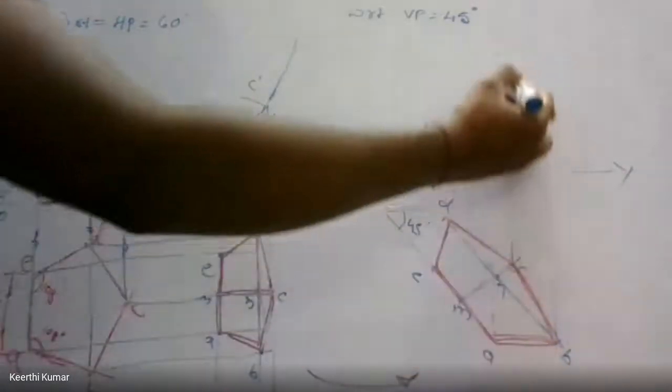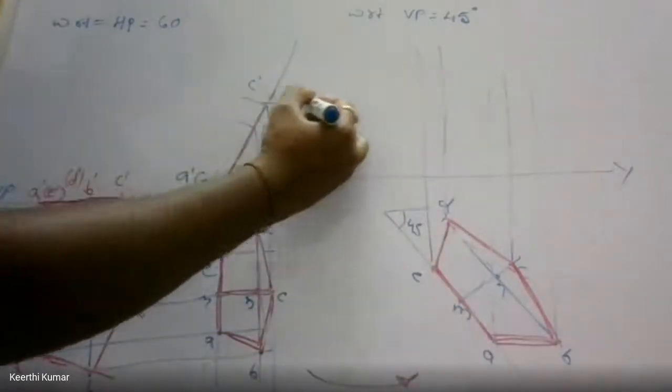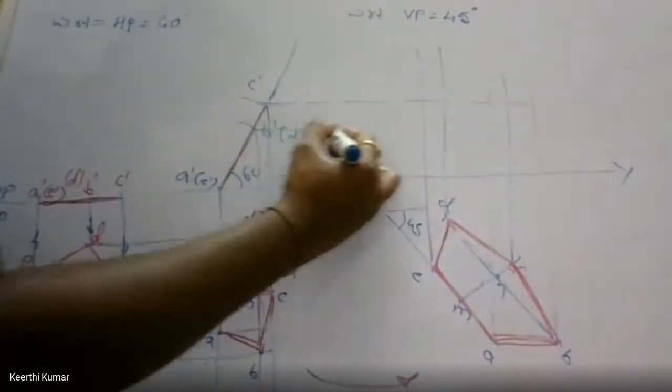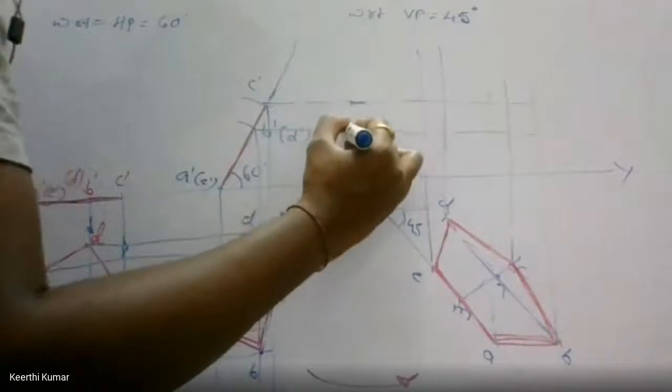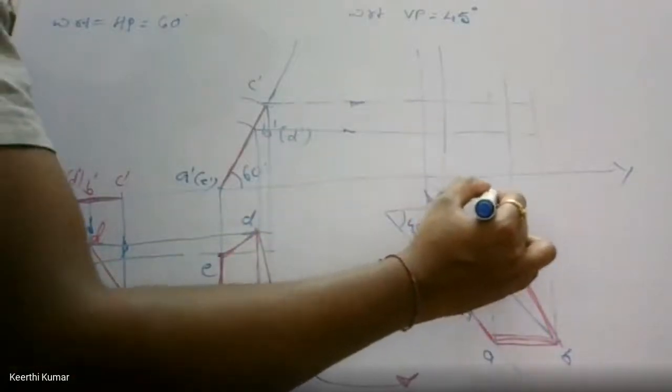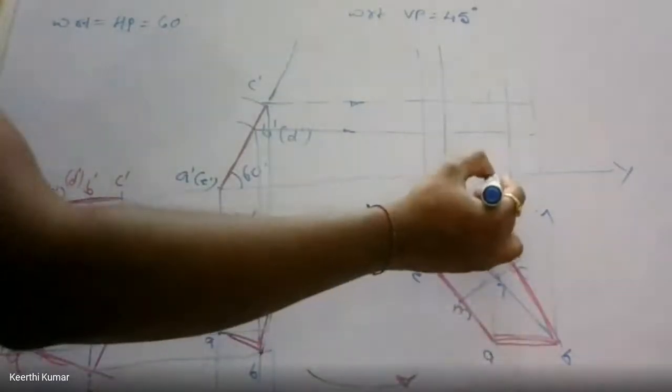A, B, C, D, E. C, B. Draw the arrow marks. I told you that from the next problem onwards, I will not draw the arrow marks. From A to E, where those two are coinciding, here.